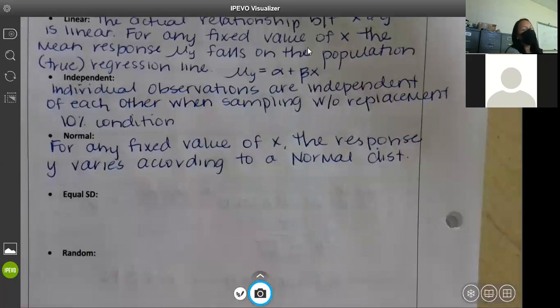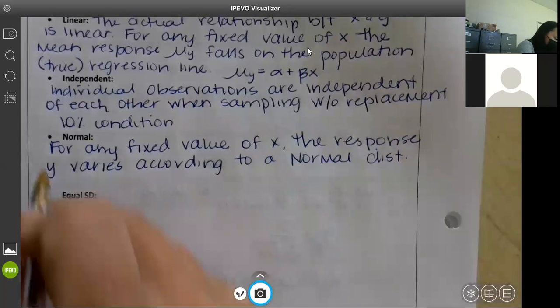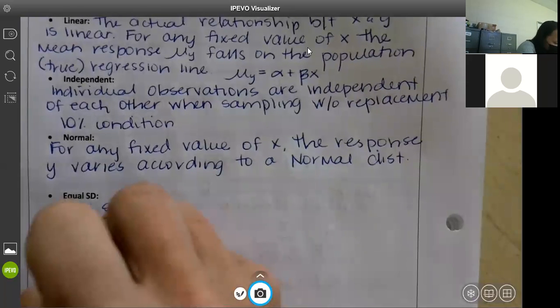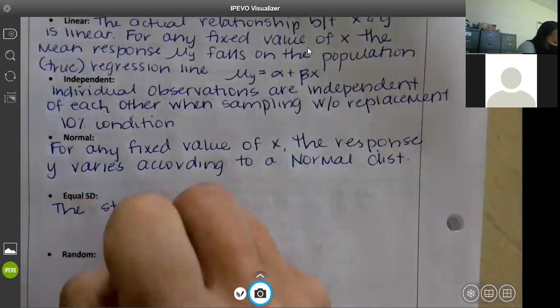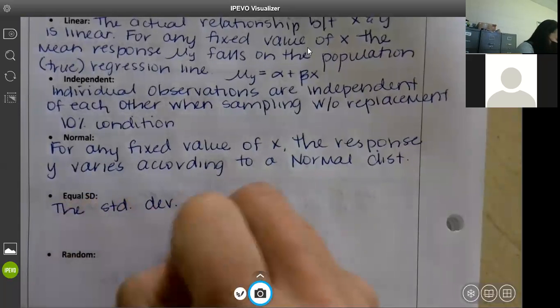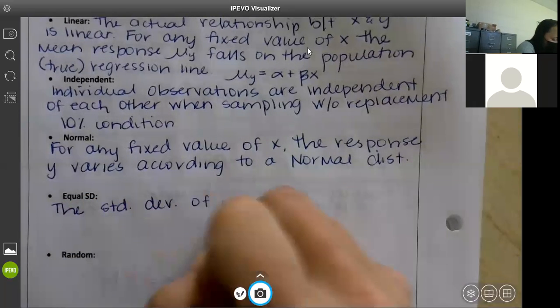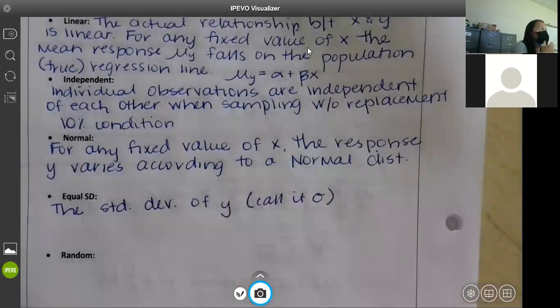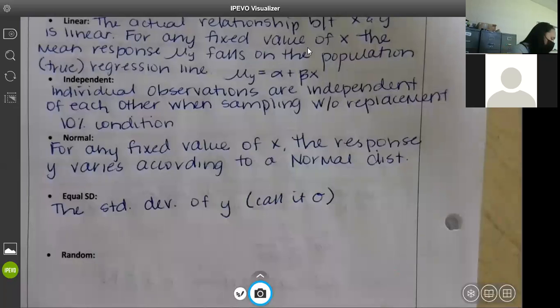So this one is the weirdest one, the equal SD. You want the standard deviation of y to be the same. Remember that's population standard deviation, but we're just using it for standard deviation this time.